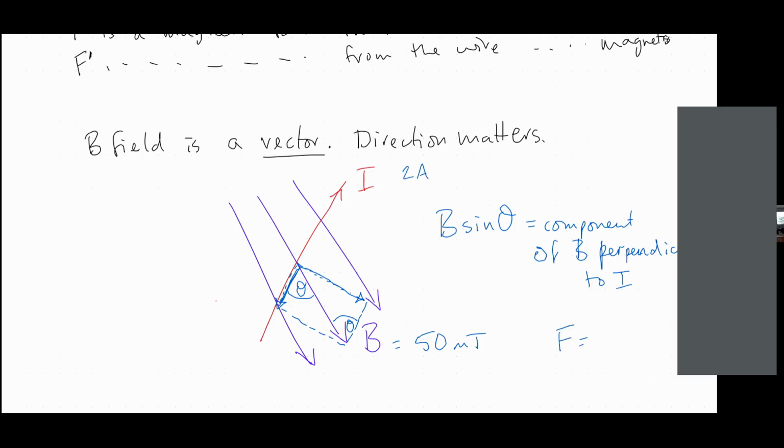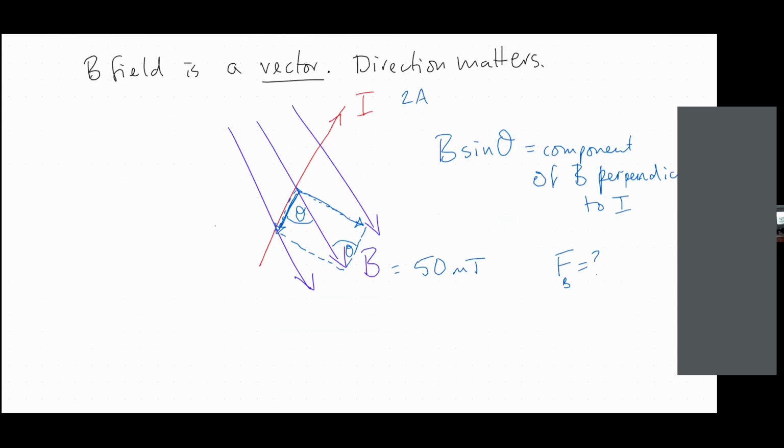This is the magnetic force. Well, it's BIL, but it's the component that is perpendicular to I that will give you the force. So F is equal to B sine theta, that's the vector bit that is giving you the force, times I times L.